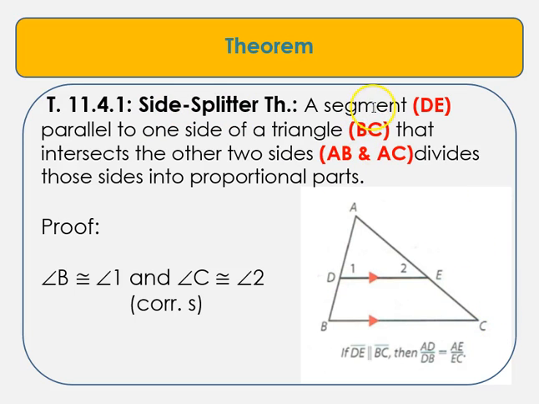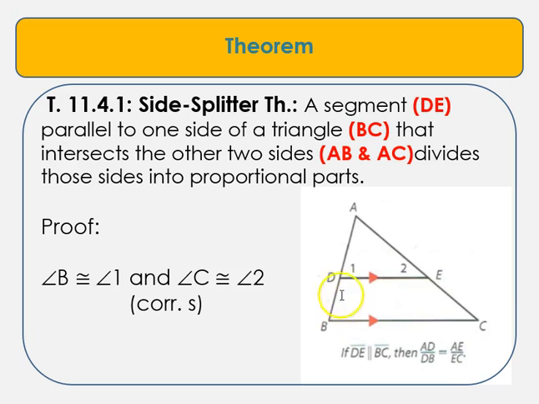So a segment, DE, parallel to one side of a triangle, BC, that intersects the other two sides, AB and AC, divides those sides into proportional parts.